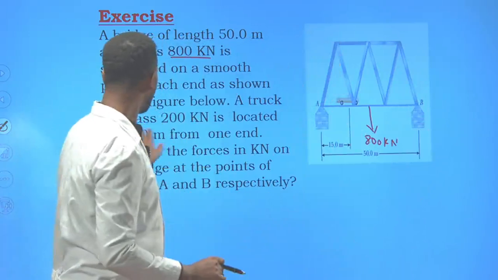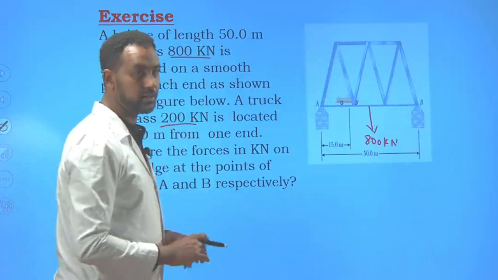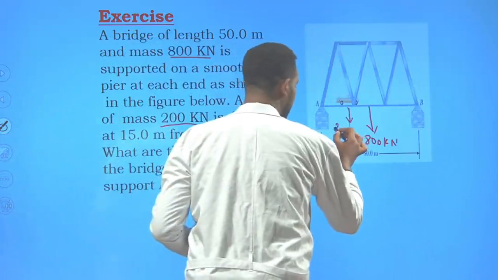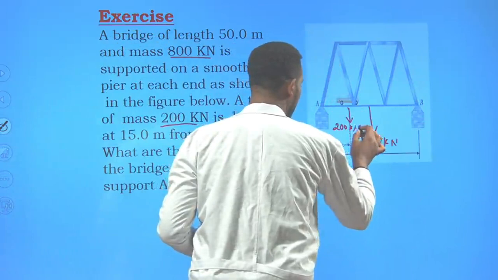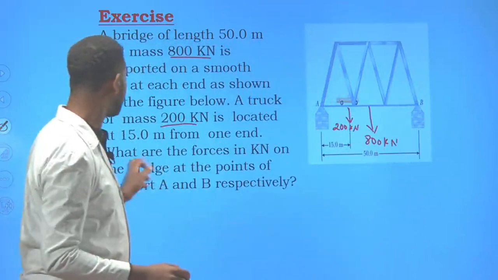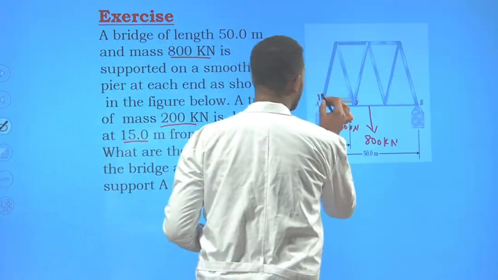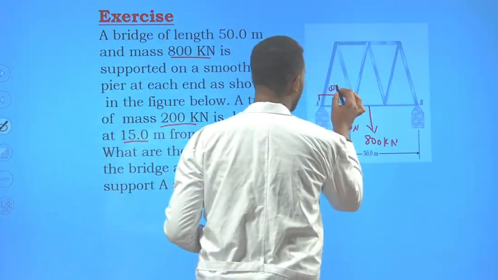And there is another car or truck, and its weight is 200 kilonewton, acting downward. The truck is found at 15 meter from one end. From this end, it's found at 15 meter.